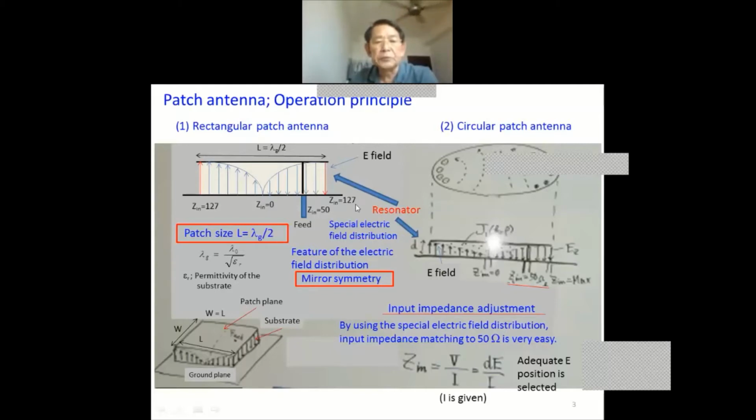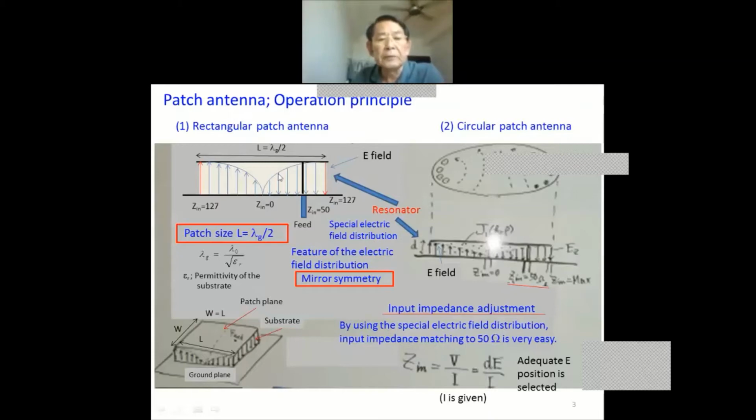So here we can see the input at this point. The input impedance is the ratio, voltage divided by current. And this voltage is calculated from the distance and the E field. So here, current is given.